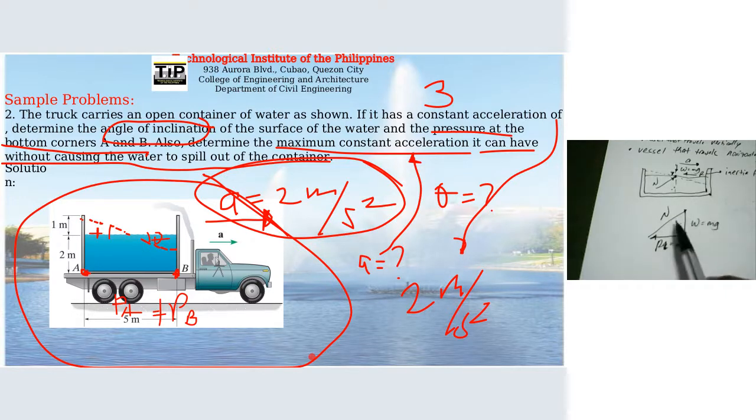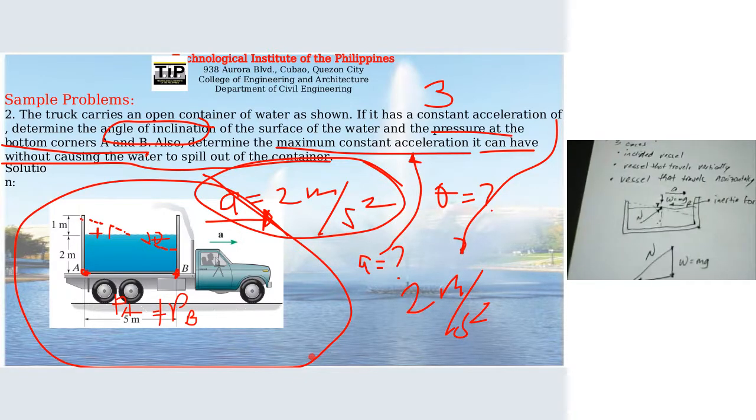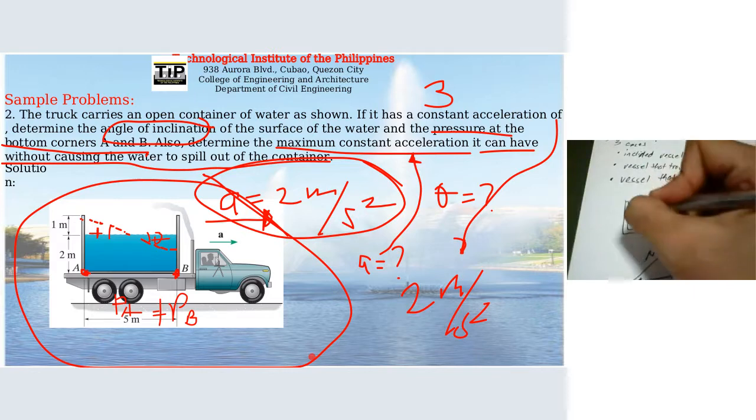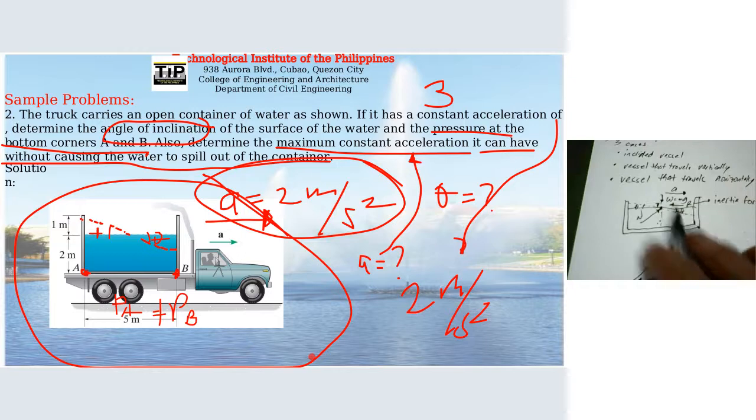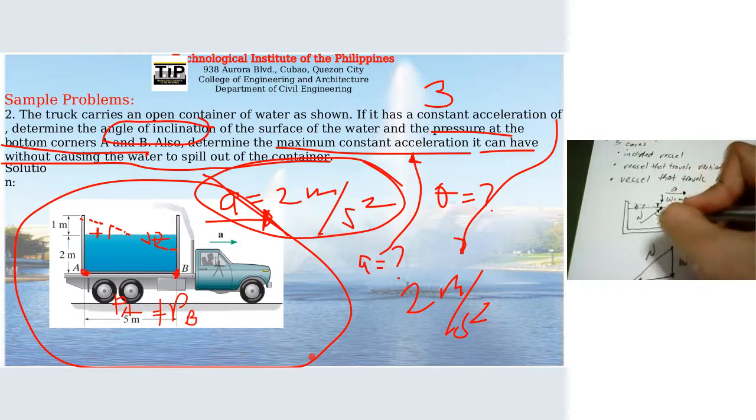Now, where is theta? Where is the angle of inclination? So, angle of inclination, ito, saka ito. So, same lang siya. Now, if this is theta, in this figure, this is also theta.